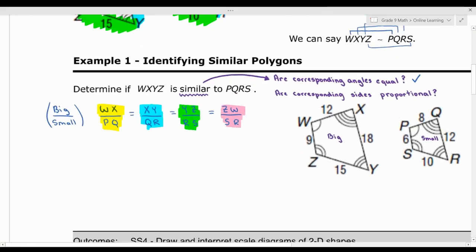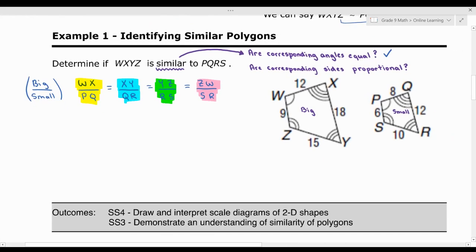Now when we plug in the numbers, as long as all of these clean up to the exact same value, then we can say that all the sides are proportional. So let's see what happens. WX had a length of 12. I will write 12, compare that to PQ, which had a length of 8. Then XY had a length of 18.